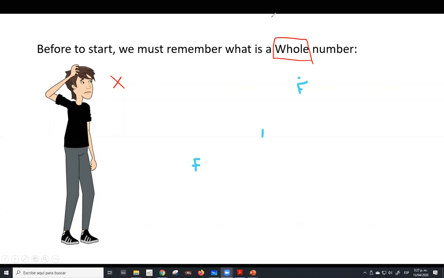It's from 1 to 5. From 1 to 5. Okay. 1, 2, 3, 4, 5. Those are whole numbers. Yes, Sarah, but only them? Only them, or are there more?